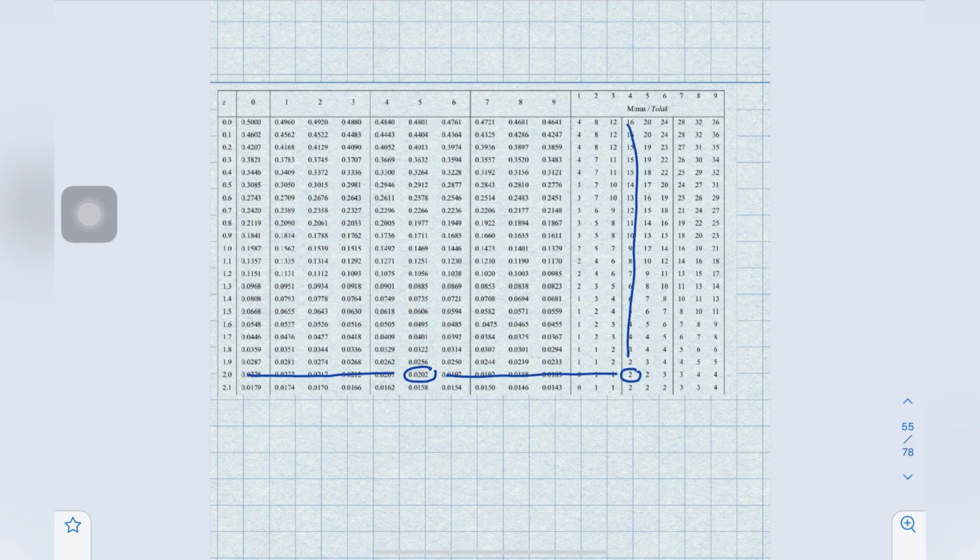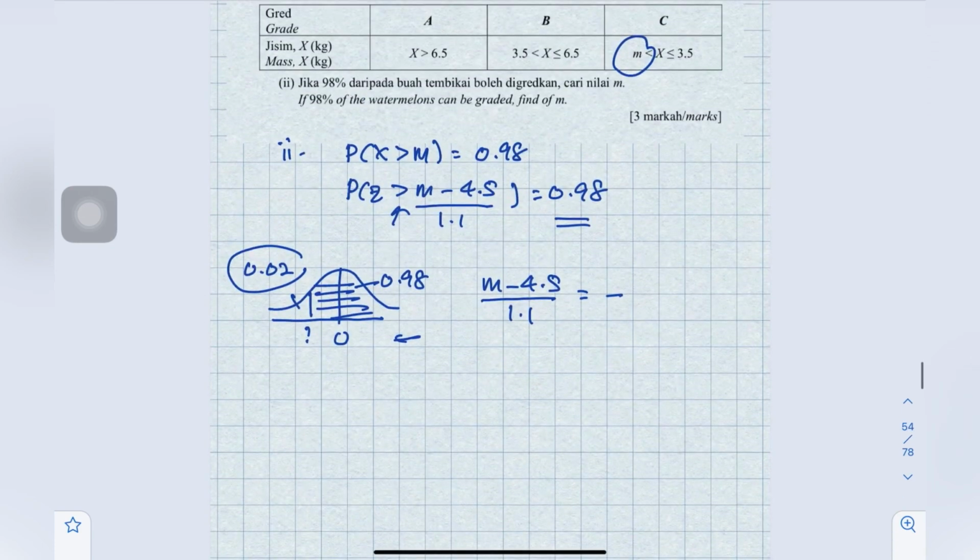This one is negative 2.054. Or since there are a few values, negative 2.055 is also fine. So we find our M: M equals negative 2.054 times 1.1 plus 4.5. So we will get 2.2406.